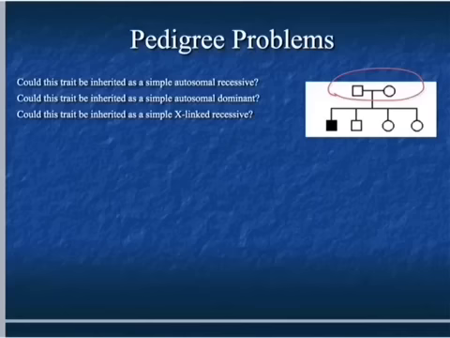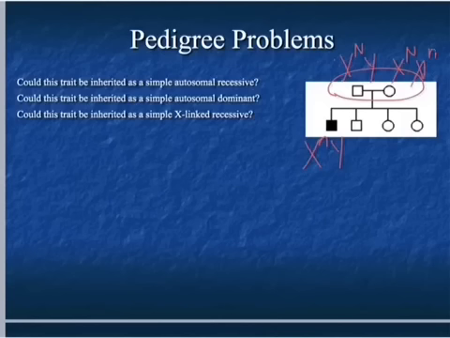If it was a sex-linked trait, this son would have a genotype something like this. And you'd have to think about then what the parents would have. Well, that could make sense because the father wouldn't have to have the trait. The mother could have been a carrier and passed on that recessive trait to the son.